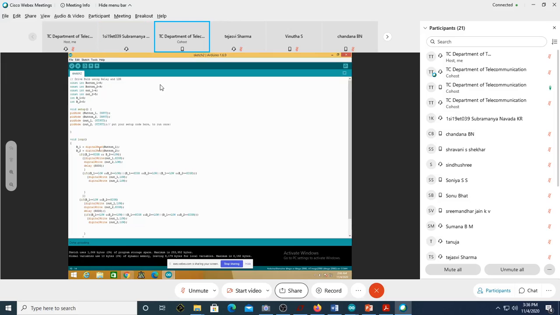If B1 is high and B2 is low, now you are logically checking the condition. This double ampersand is AND. If both the conditions are true, you digital write output 1 with high and output 2 with low.